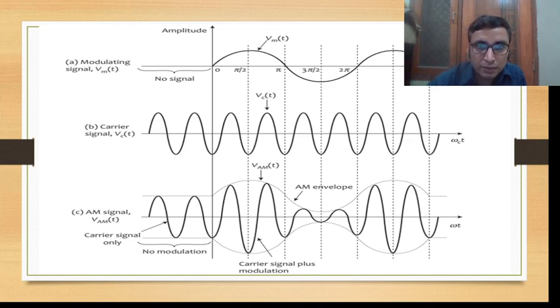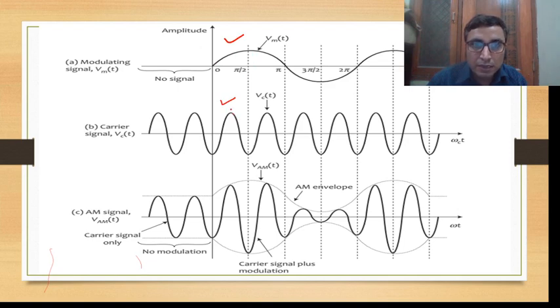The first waveform shows the message signal, this one, and the second waveform, the carrier signal.